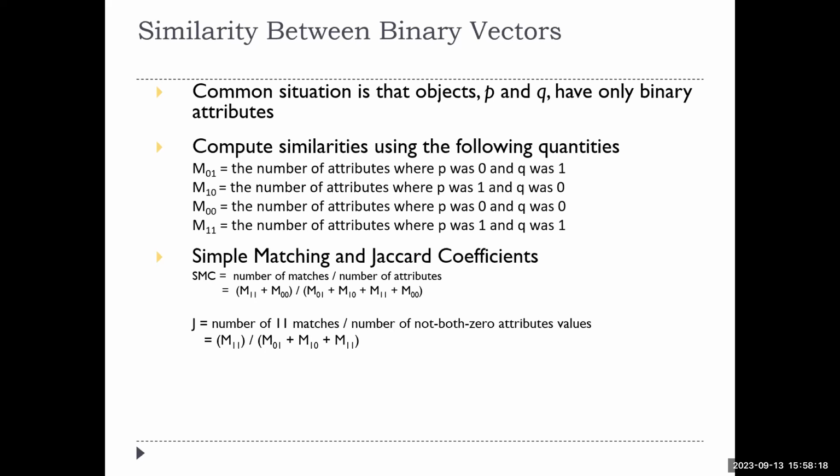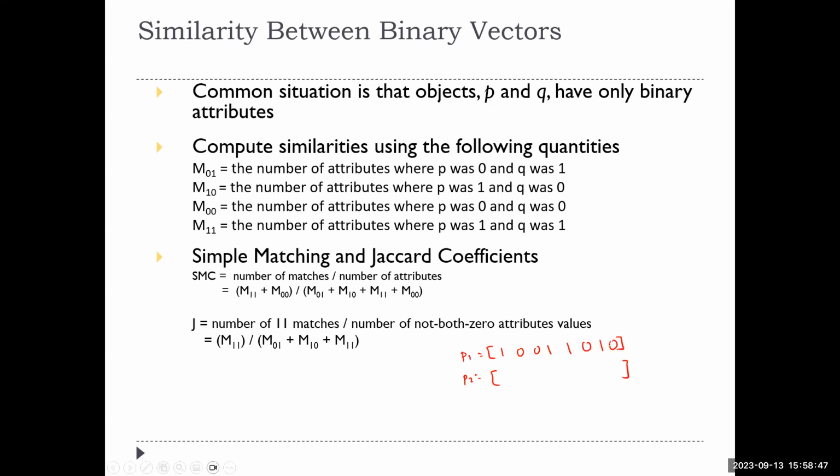This is for binary vectors. Let's start with binary vectors. You have a vector P1 and vector P2. Vector P1 is 1, 0, 0, 1, 1, 0, 1, 0.